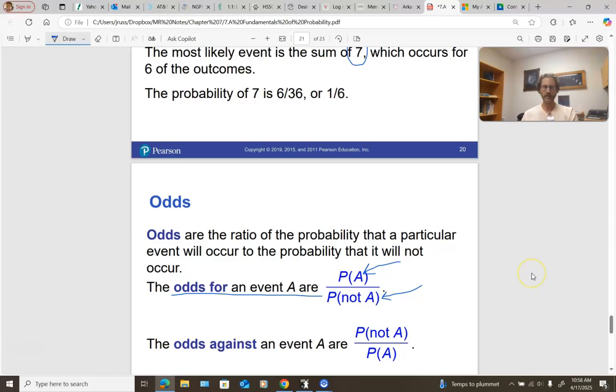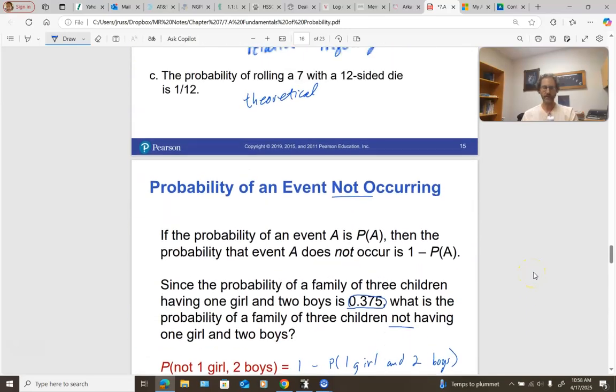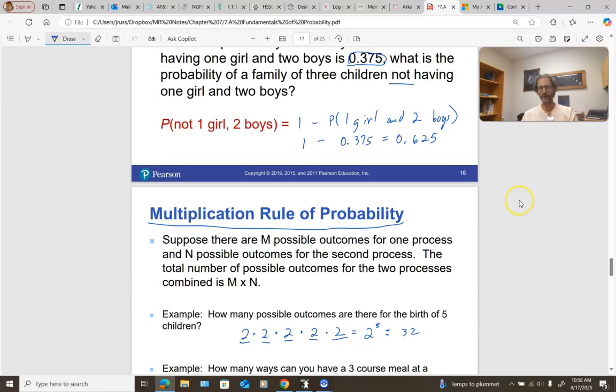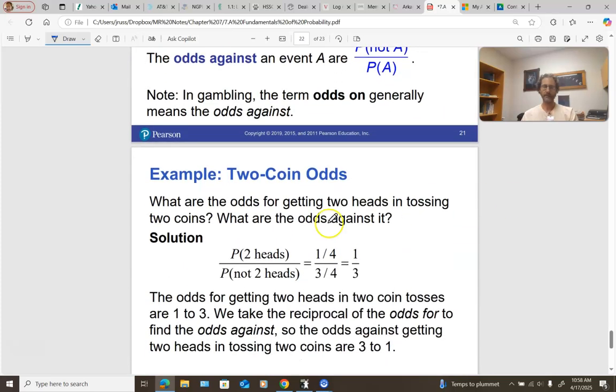Think back to what we talked about in the previous video, right here, the probability of an event not occurring. So if the probability that you get 2 heads is 1/4, then the probability that that event doesn't occur is 3/4. And so when you put these together, the 4's actually cancel, and these are the odds right here.